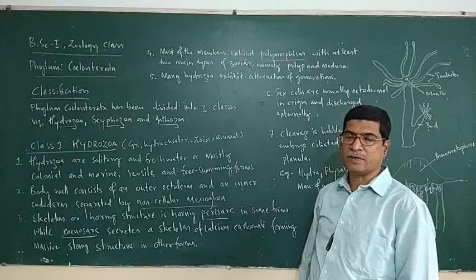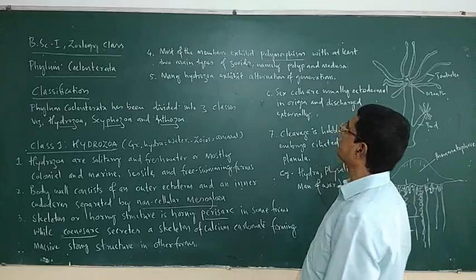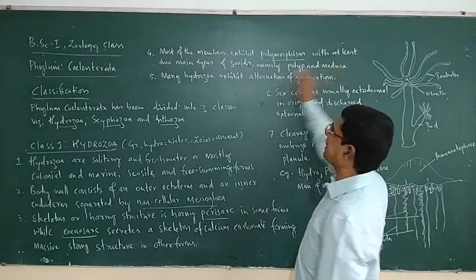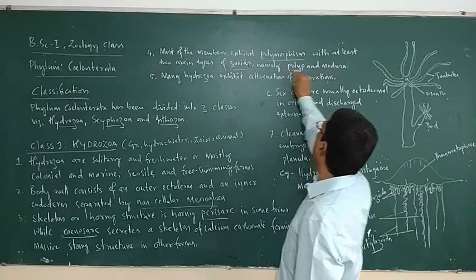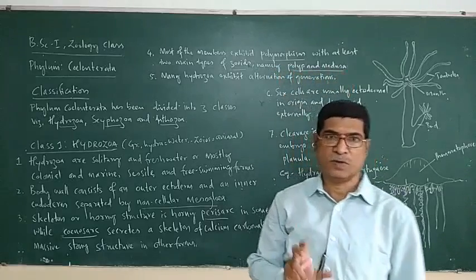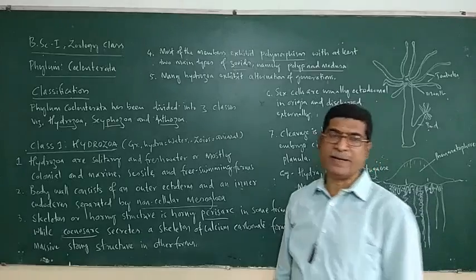So they may have different forms of individuals in their life cycle, with at least two main types of zooids, namely polyp and medusa.